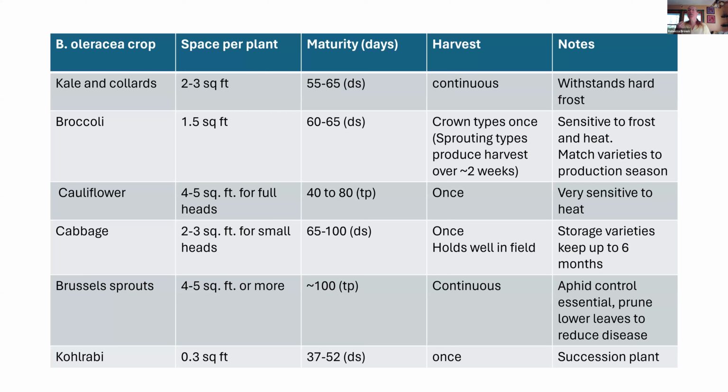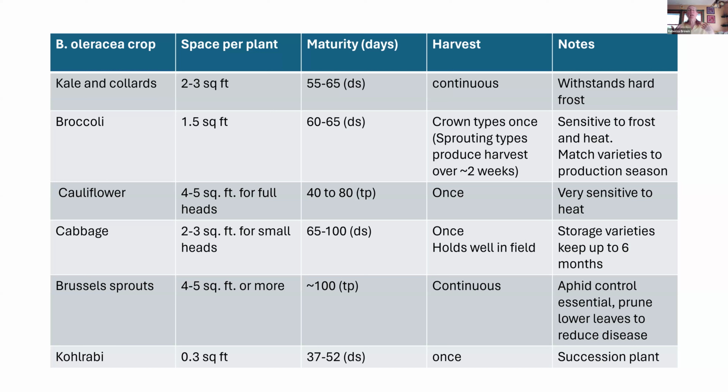Kale and collards also are not particularly sensitive to heat, and they can withstand hard frost. Broccoli and cauliflower, on the other hand, are very sensitive to heat. Cauliflower is basically impossible to grow in the hottest part of the summer. And by this, I mean, you don't want to have it maturing then. So you don't want to be harvesting it in July and August.